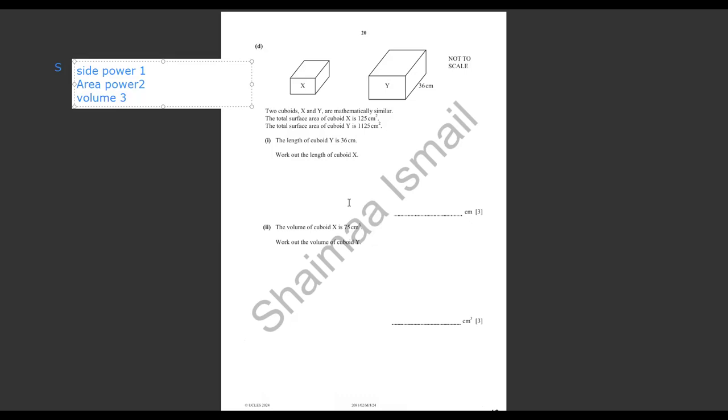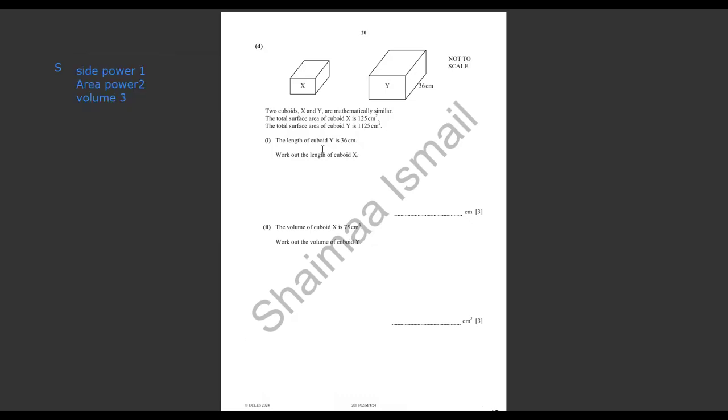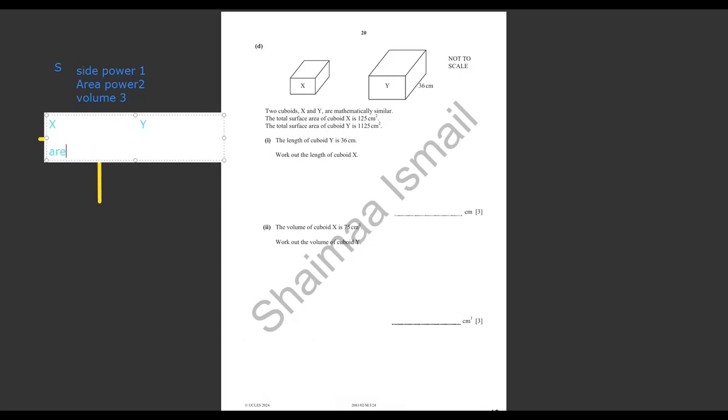Okay, here he give you the length of Y is 36. Okay, the total surface area. So now we have to apply the ratio because he give us here the area of X and area of Y. So here X and here is Y. Here area of X will be equal 1 to 5.